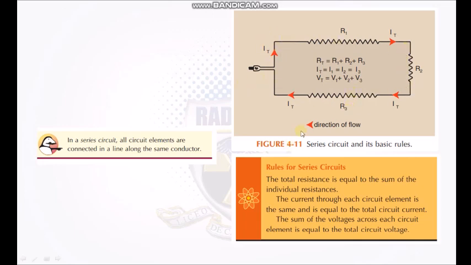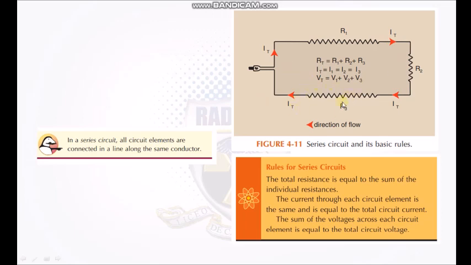You can represent it with Christmas lights. If one of the Christmas lights malfunctions, if one of these diodes malfunctions, then the rest of the circuit elements will also not function because of one malfunctioning conductor.